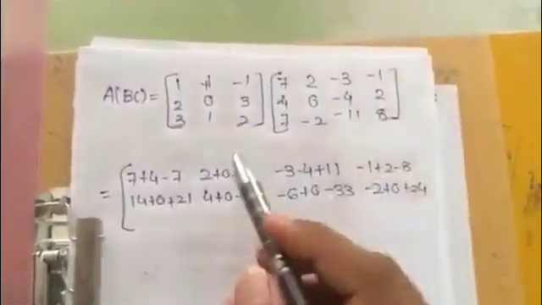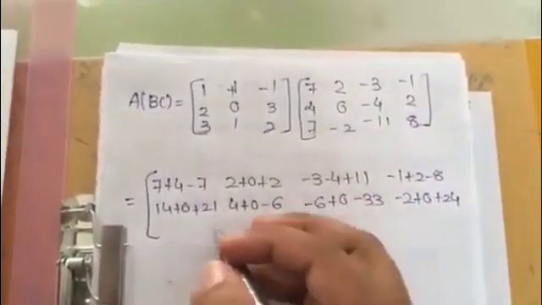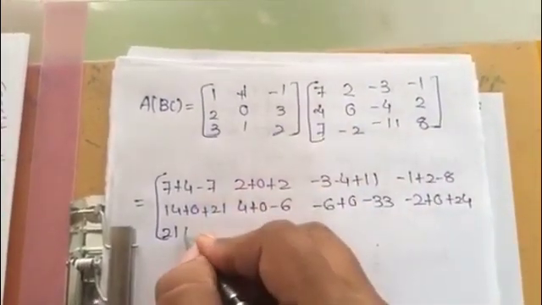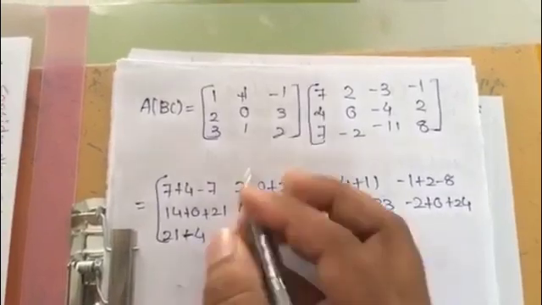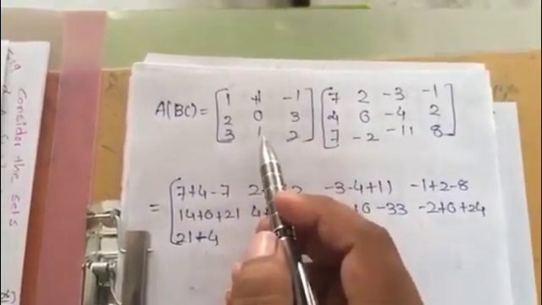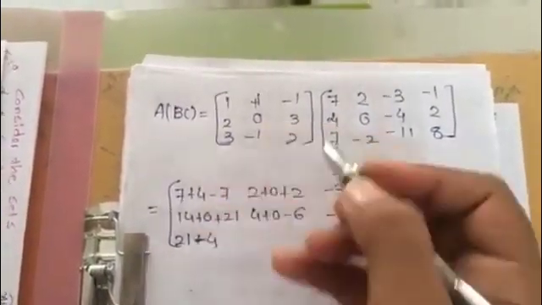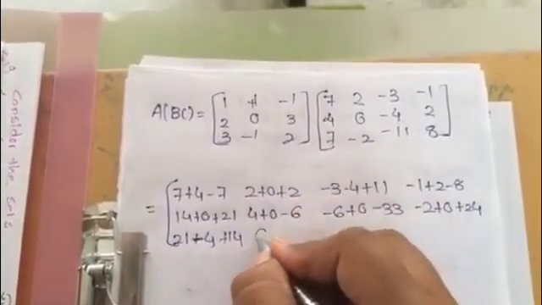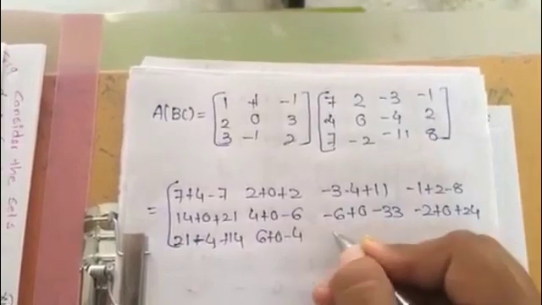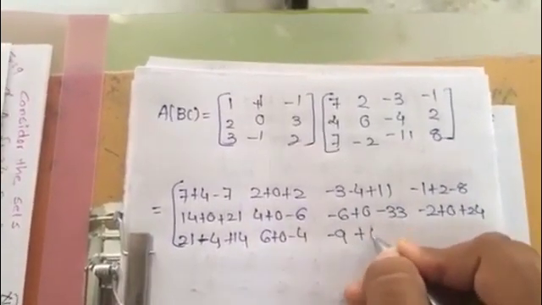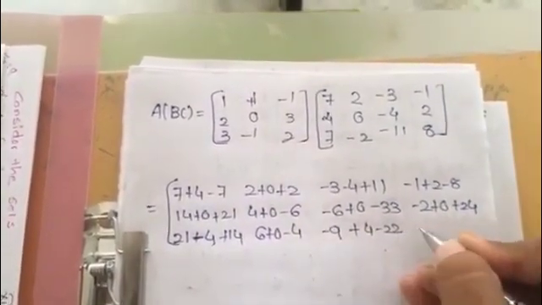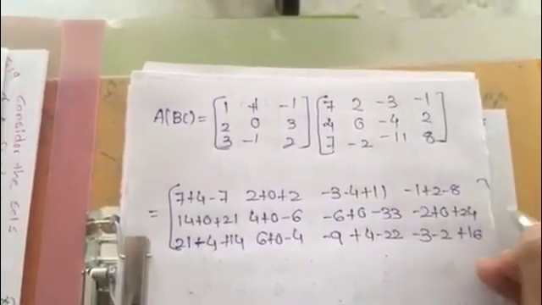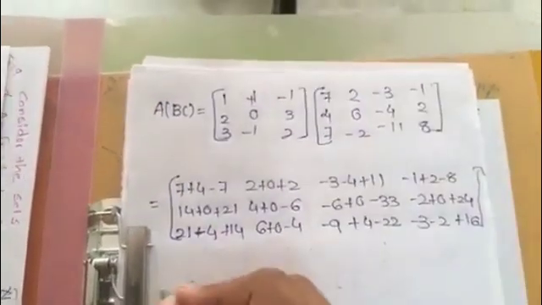Do you understand how it is coming? 3 into 7 is 21, 1 into 4 is minus 4, and here this is minus, and this will be plus 14 again. So this is 6 plus 0 minus 4, minus 9 plus 4 minus 22, minus 3 minus 2 plus 16. Okay, so this is our A into BC.